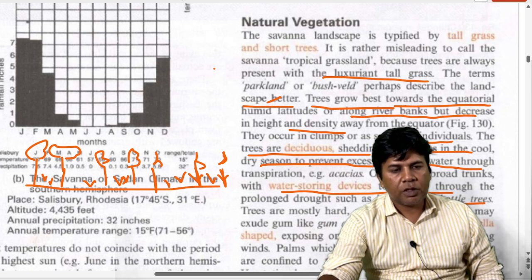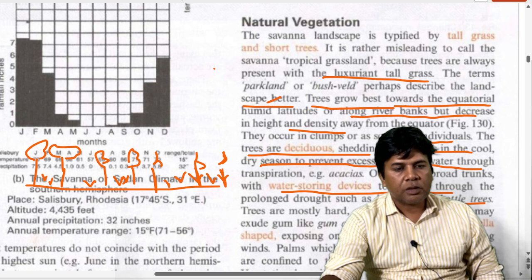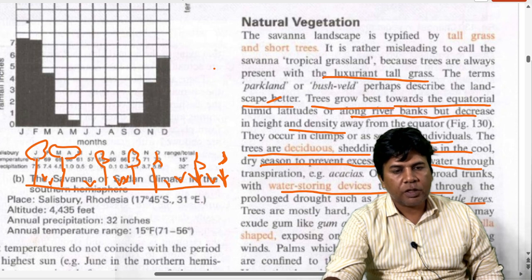Trees are mostly hard and grand and thorny and may exude gum, like gum arabic. Many trees are umbrella shaped, exposing only a narrow shape to the strong wind.